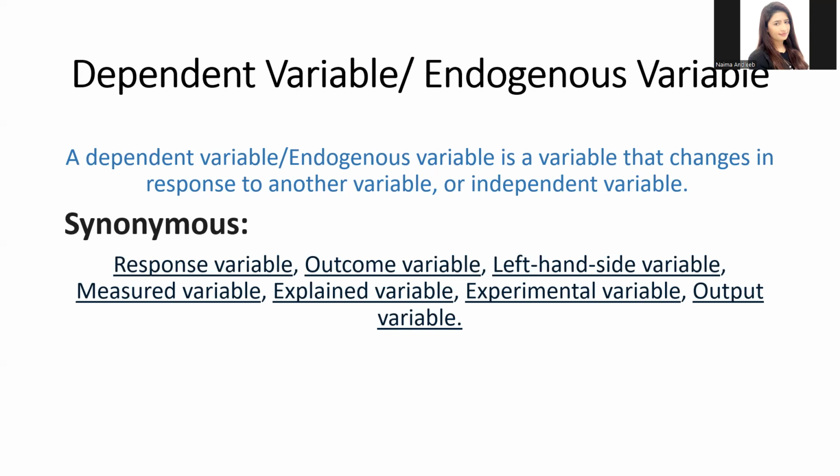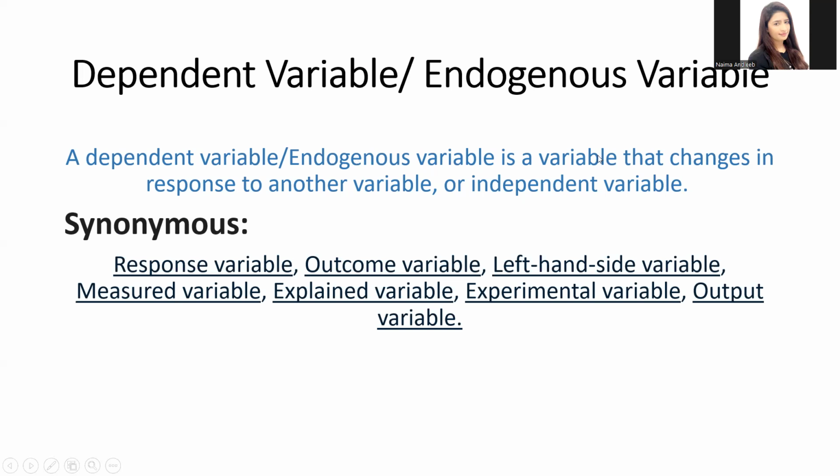In the previous slide, we discussed that the independent variable stands alone and does not get influence from other variables, but plays a role in influencing other variables. So the dependent variable is the one that is getting the influence from other variables.